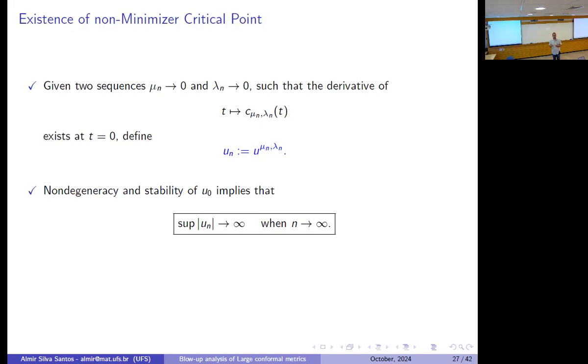Otherwise, you can extract a subsequence and find that this sequence of solutions converges to u dot, which is not possible because the global minimizer is stable, right? Then you know that this sup diverges to infinity, right?